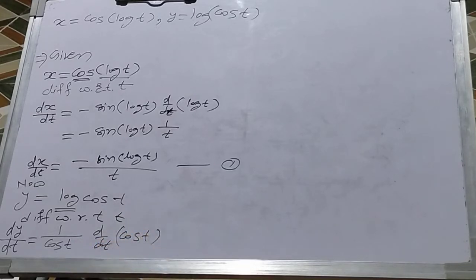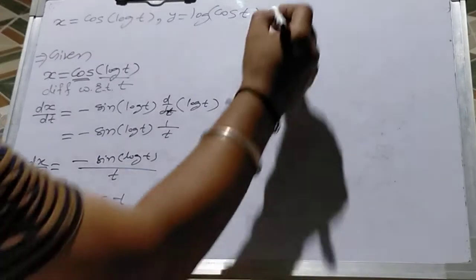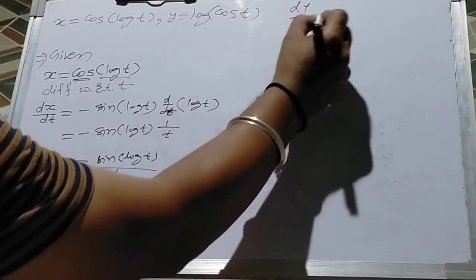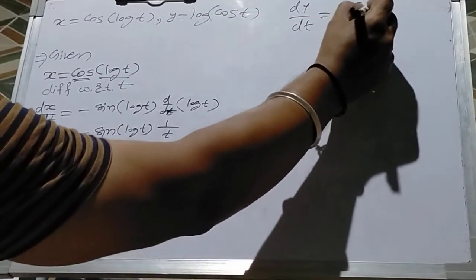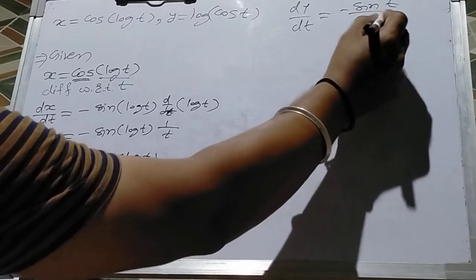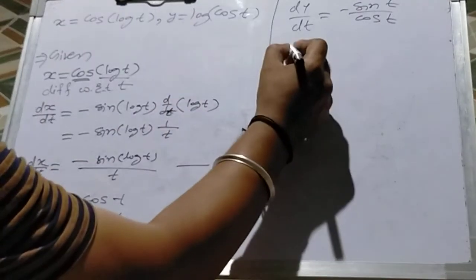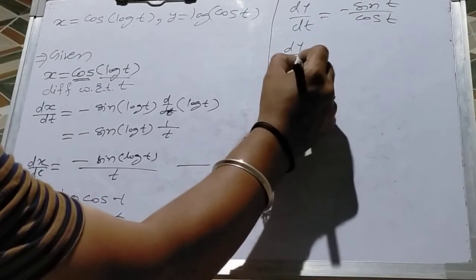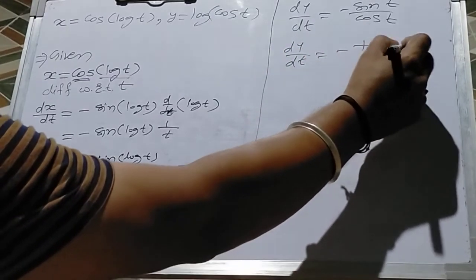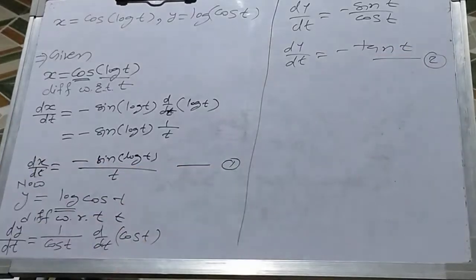The derivative of cos of t is minus sine of t. So therefore dy by dt is equal to minus sine of t divided by cos of t, and sine of t divided by cos of t is tan t. So here dy by dt is equal to minus tan t, call this 2.